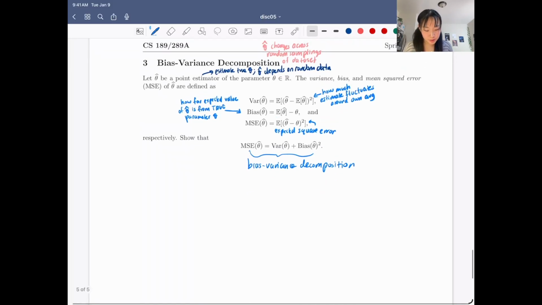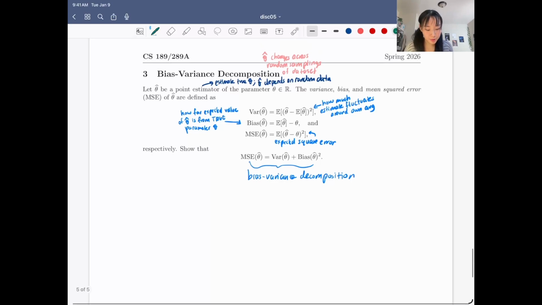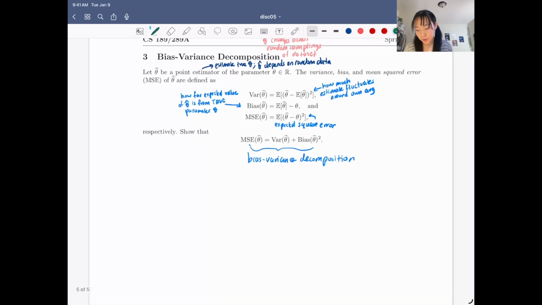Okay, and so let's solve this problem. Before we dive in, I'm going to remind you of some quick equations that you should have seen in CS70, and if not, it's fine. The first one is the variance of some random variable X is defined as the expectation of X squared, minus the entire expectation squared.